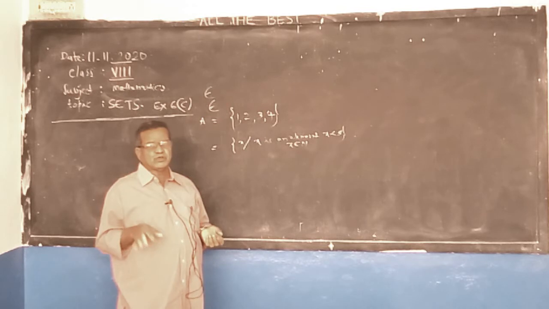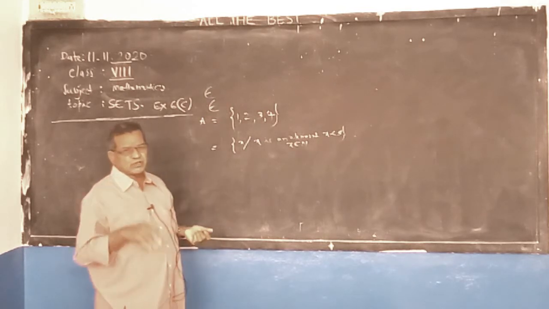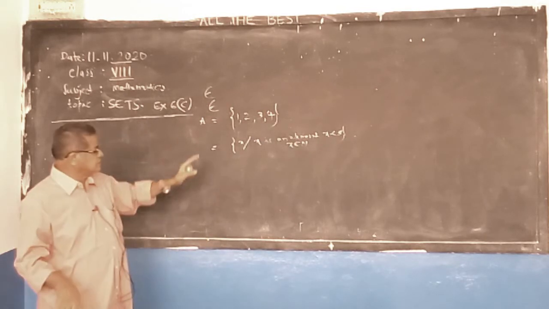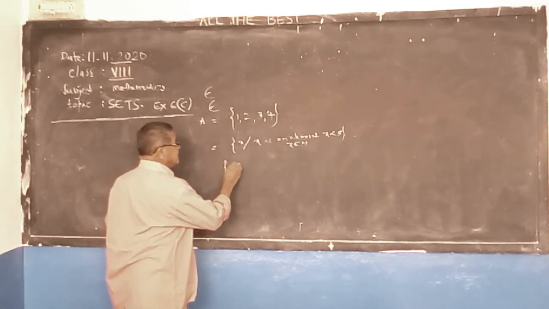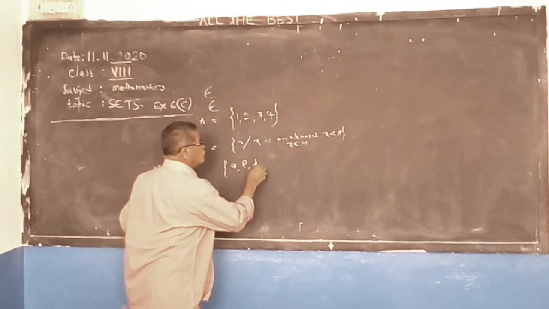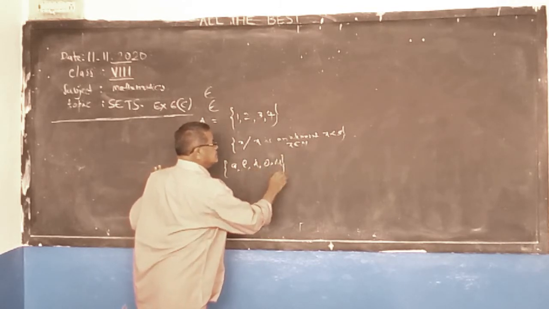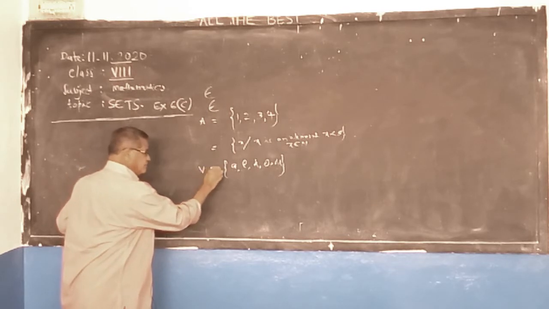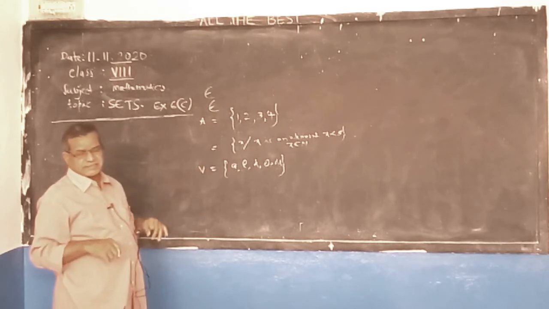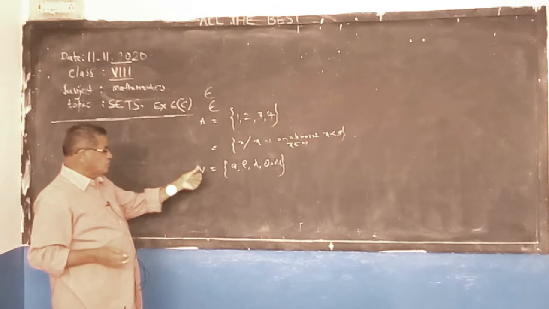Suppose A, E, I, O, U are given. This is roster form, and these are the elements. Suppose you name the set V, in capital letters. What is its rule?